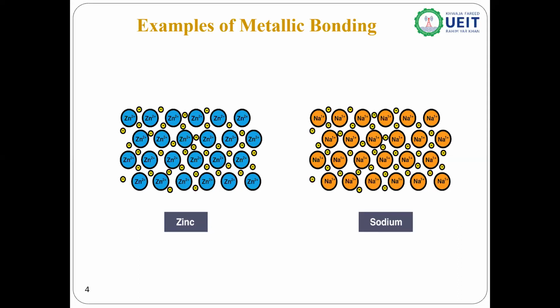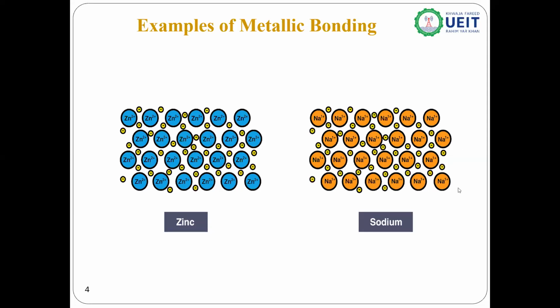One zinc atom releases 2 electrons. So 1 mole of zinc atoms will release 2 × 6.02 × 10^23 electrons. The zinc ions formed after releasing these 2 electrons look like cations floating in a sea of electrons.